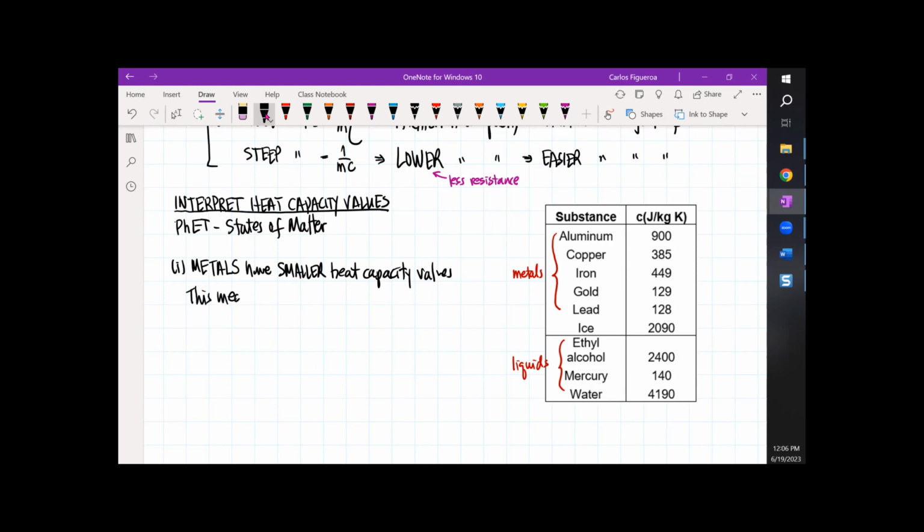This means that their temperatures can change quickly.